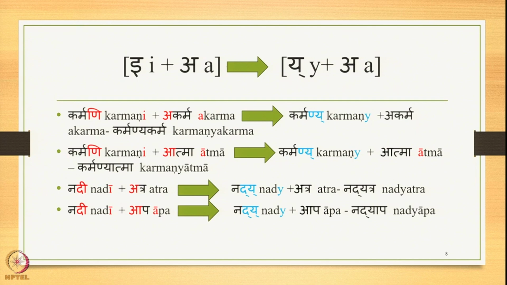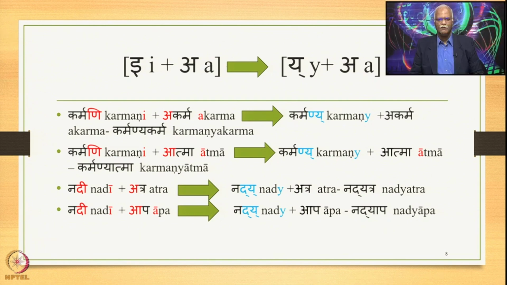So let us look at the examples now where we have E followed by A, and after the application of 6177 the output generated is Y followed by A. In this scheme of examples we have shown the environment in red color on the left hand side of the arrow and the sandhi in blue color on the right hand side of the arrow.